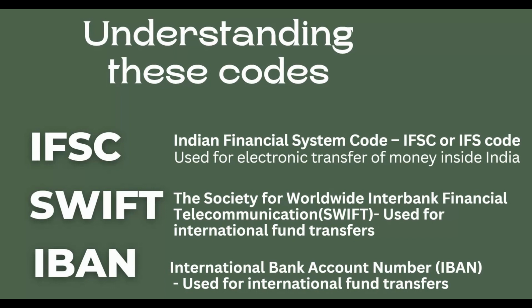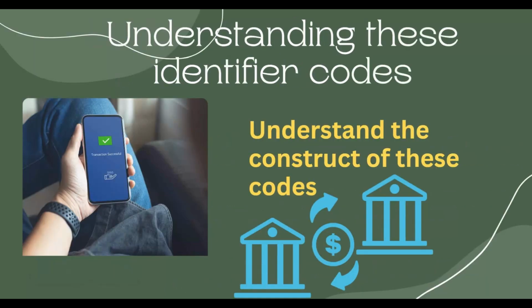IBAN, which stands for International Bank Account Number, is also used in international fund transfer, mostly in European countries and some other countries registered in the IBAN system. It would be very easy to understand these codes if we understand the construct or structure of these codes.